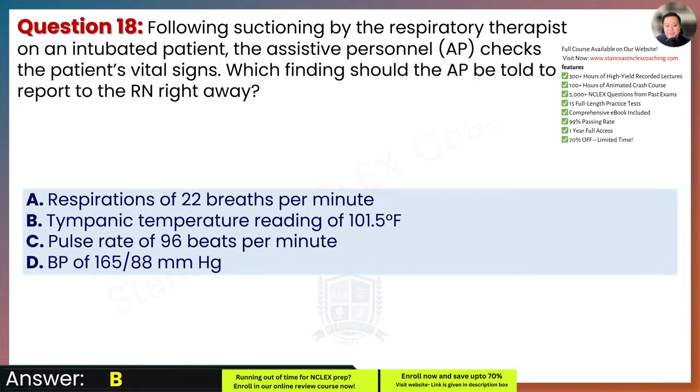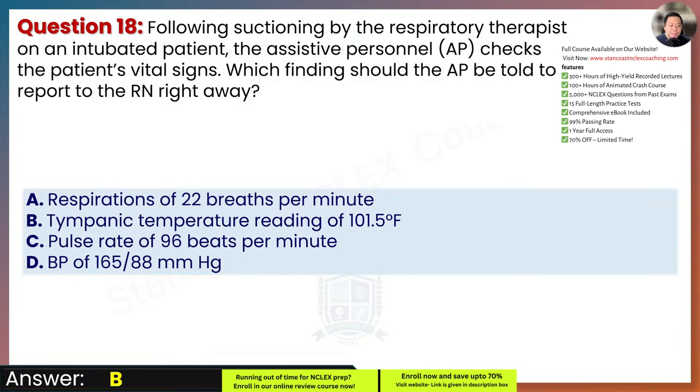And why is B the correct option? Now, when you are encountering this type of question, always think about what could cause the immediate harm to the patient. And while abnormal vital signs can all indicate potential issues, infection in the intubated patient is a critical concern because it can quickly lead to VAP and sepsis.